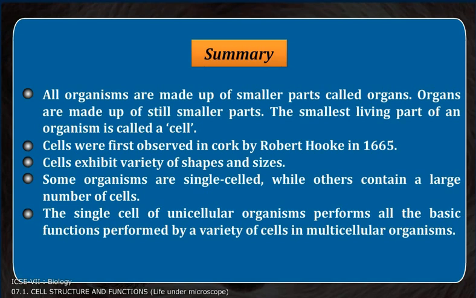Cells exhibit a variety of shapes and sizes. Some organisms are single-celled, while others contain a large number of cells. The single cell of unicellular organisms performs all the basic functions performed by a variety of cells in multicellular organisms.